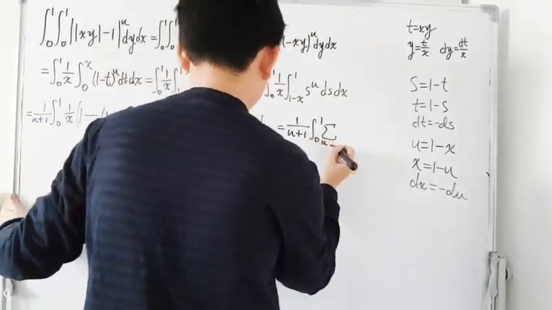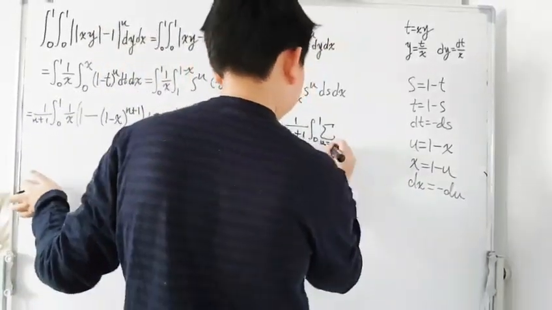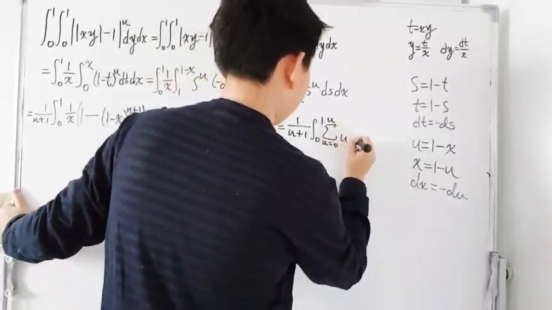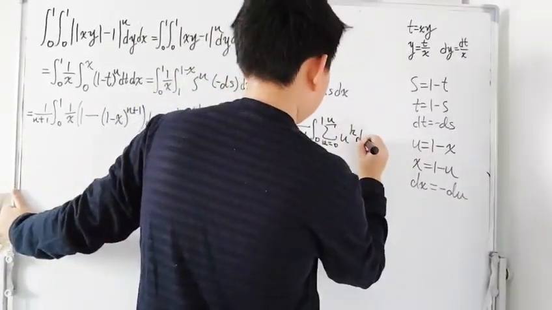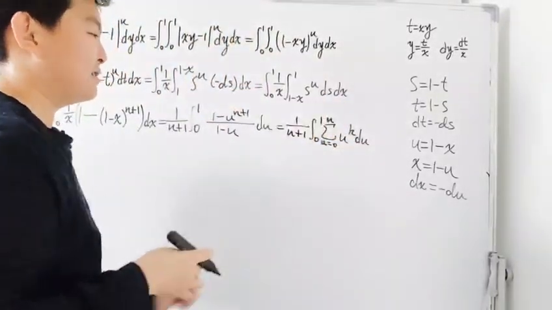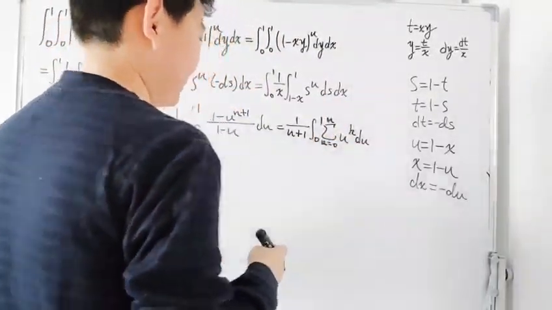This is the integral of the sum from k equals 0 to n of u to the k du. My k, n, and u look exactly the same, and that's just how it is.